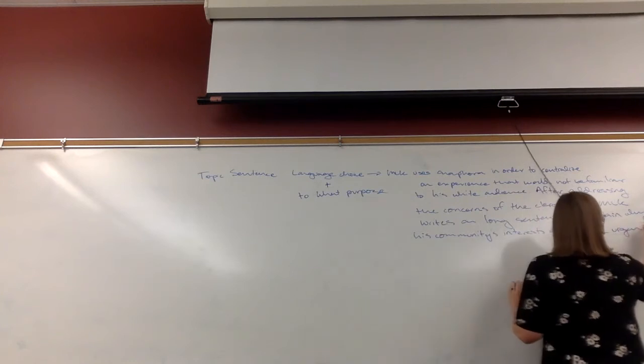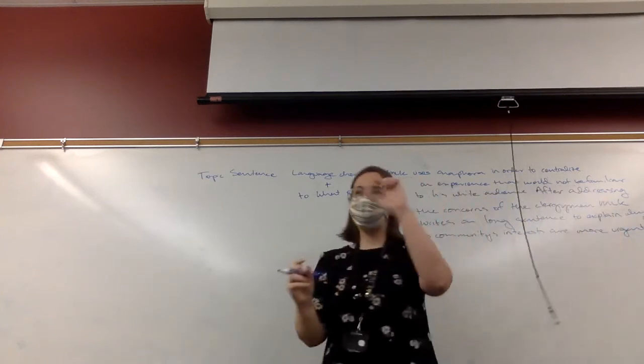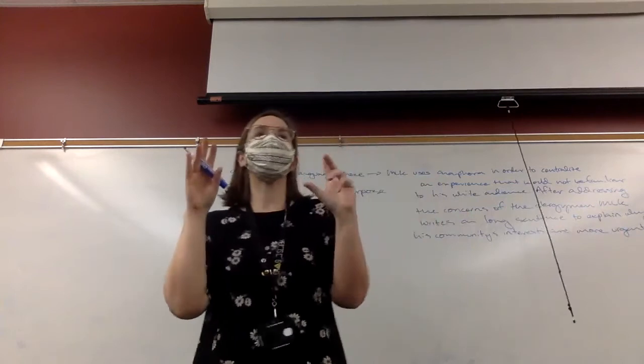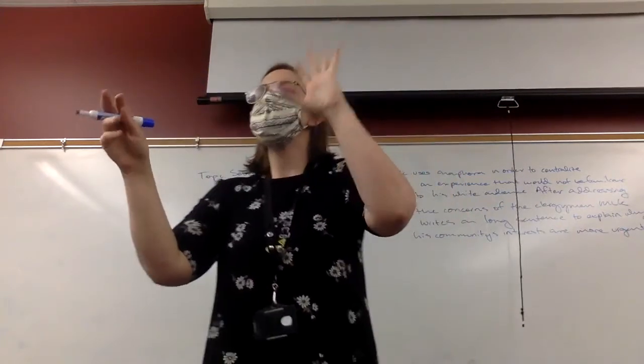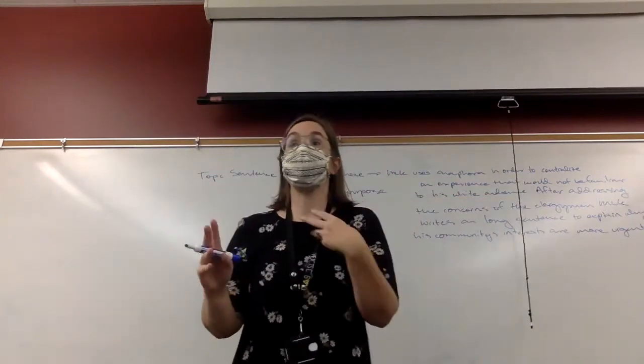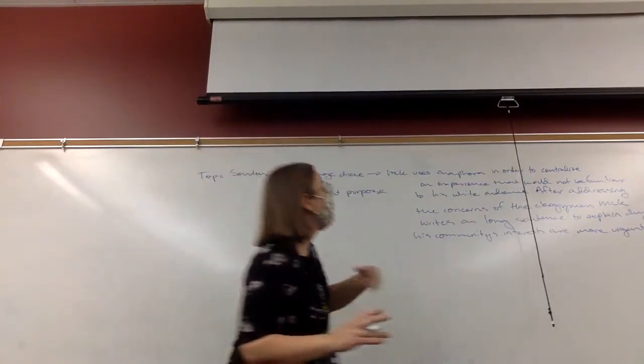So in this case, I am giving just a tiny summary. The extent of my summary of the letter is that he addresses the clergyman's concerns, right? You could do a little bit more than that if you think it's going to be relevant to your topic sentence.